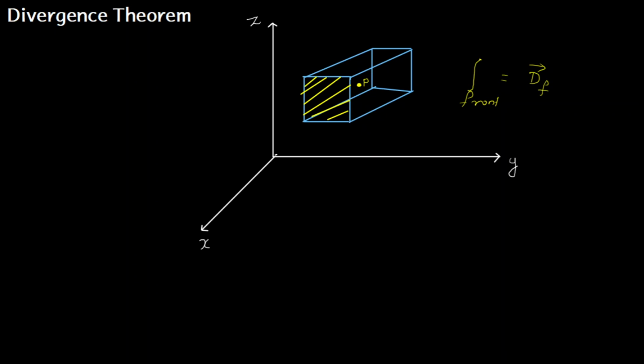I will notate it as Df vector, and the front area I will notate as dSf vector. This is the entire front area through which my D is diverging. So Df is diverging through this and dSf is the area of this.